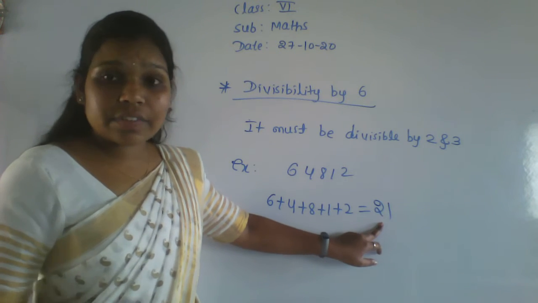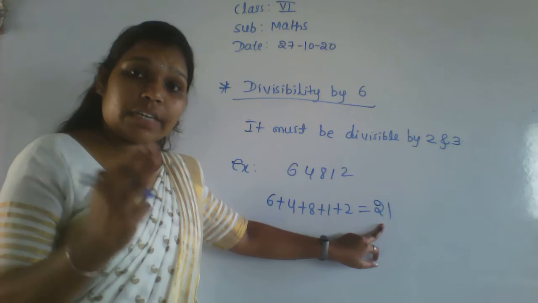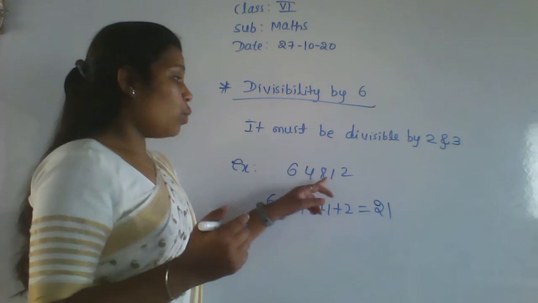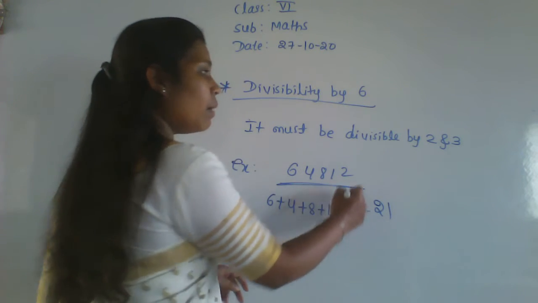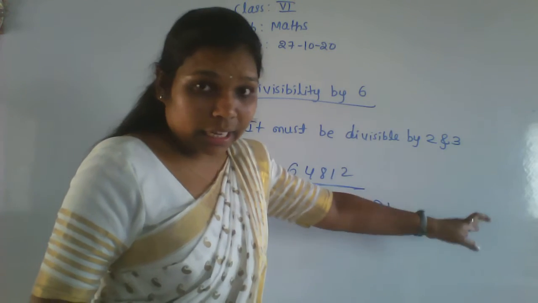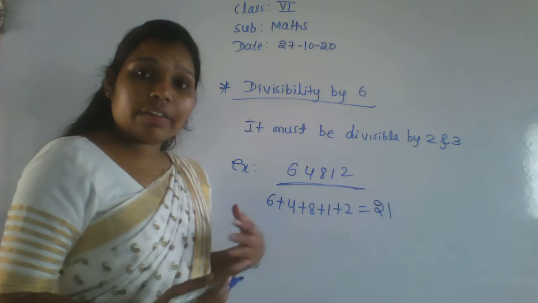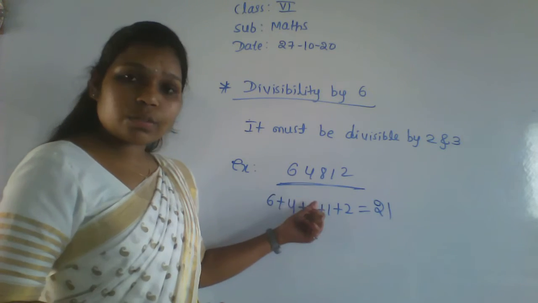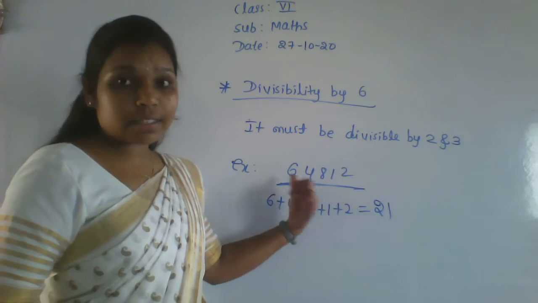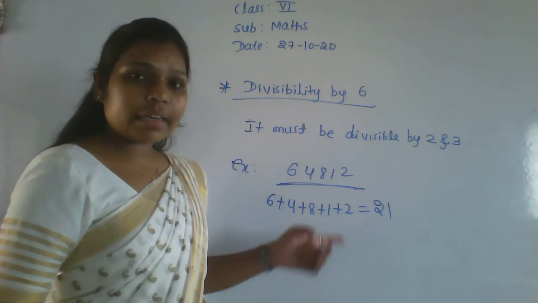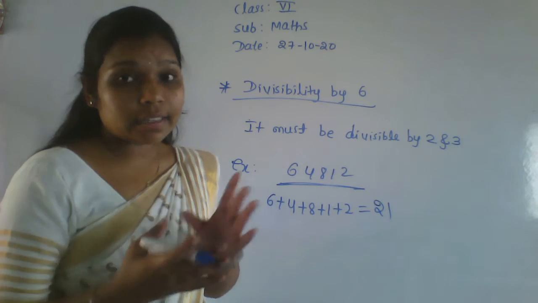Is 21 divisible by 3? Yes, it is divisible by 3. So this given number is divisible by both 2 and 3. Then we can say that it is divisible by 6. Here we got both answers. For 2 it is satisfied and for 3 it is also satisfied.